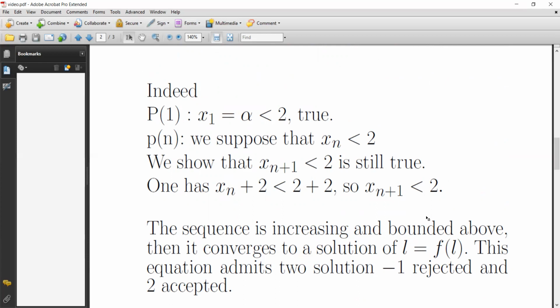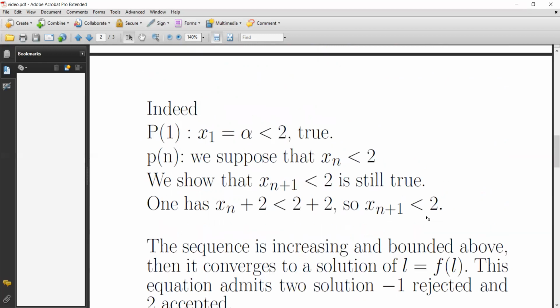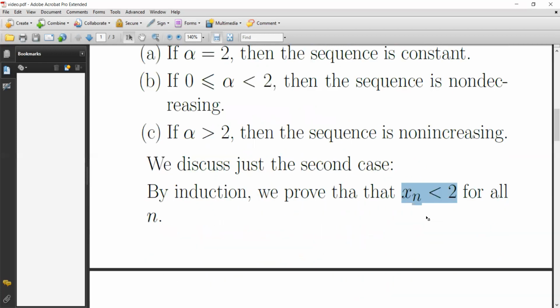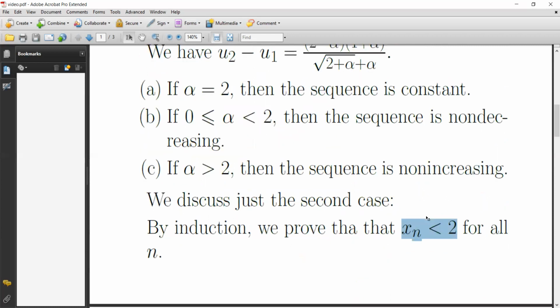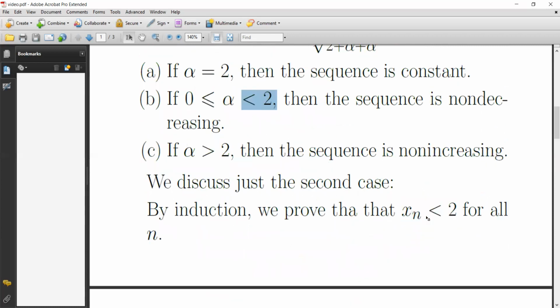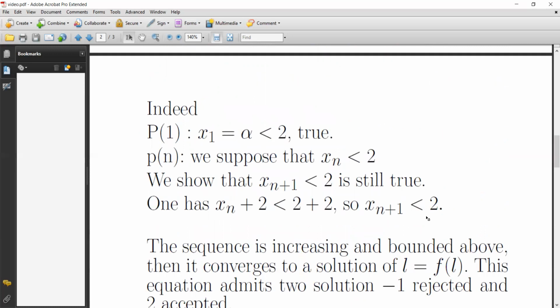Because x_1 equals alpha, and in the assumption we set before that alpha is less than 2. So this is true.